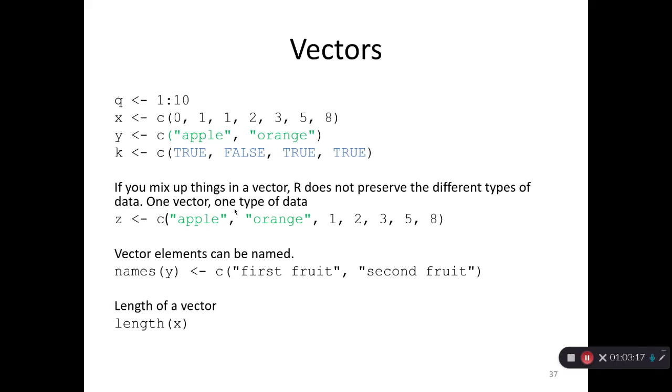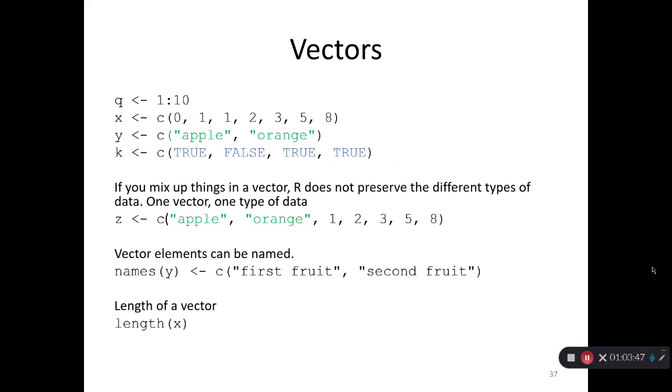If you mix up, however, different types of variables, for example, a vector that mixes string variables and numeric variables, R will not preserve the different types of data. For example, if you do this, you will get the 1, 2, 3, 5, 8 won't be considered anymore as numbers, but as letters, as strings. So you cannot use them, for example, to sum this vector to another vector.